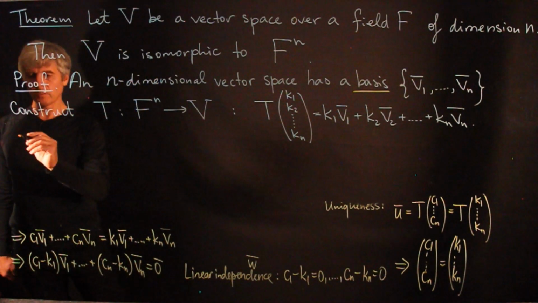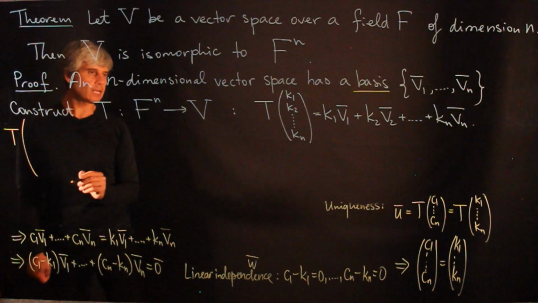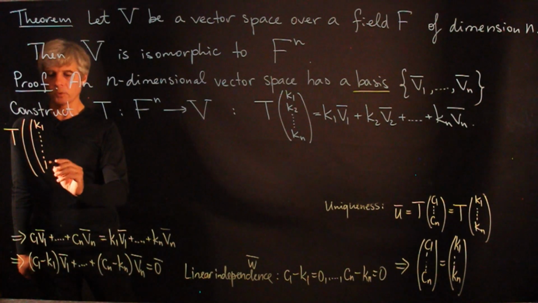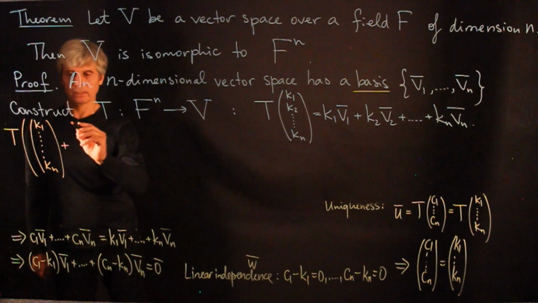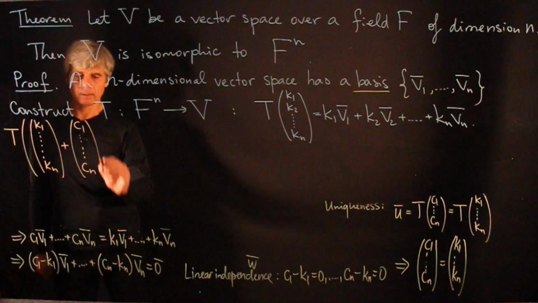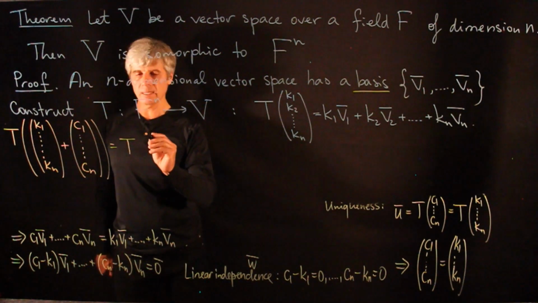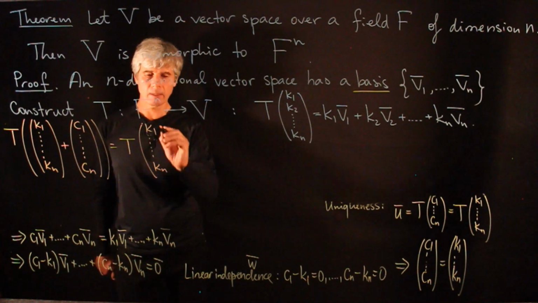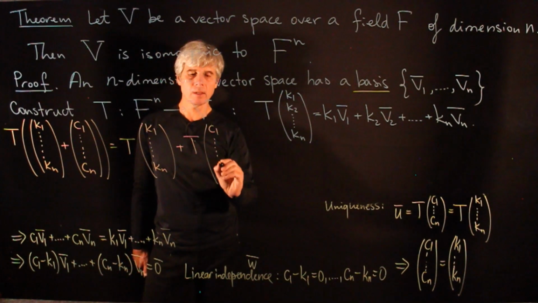Here we need to prove that T of the sum of two vectors, K1 up to Kn plus C1 up to Cn, is equal to T of K1 up to Kn plus T of C1 up to Cn.